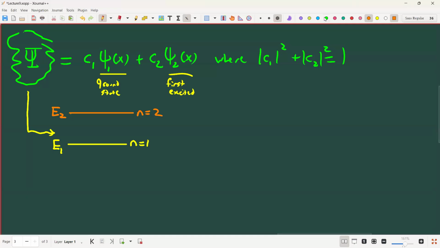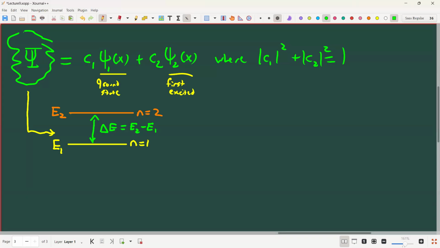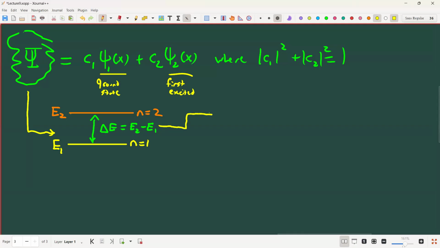And we can calculate an energy difference between them, delta E, which is E2 minus E1. Then we can use Planck's law, which says that E is equal to h times the frequency.